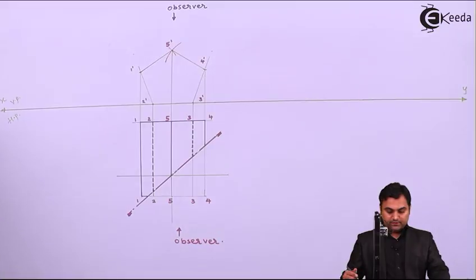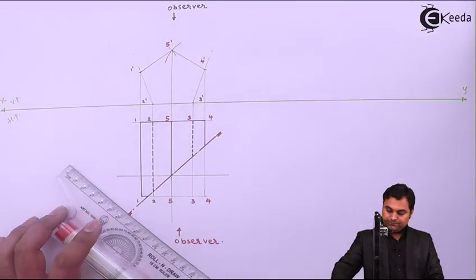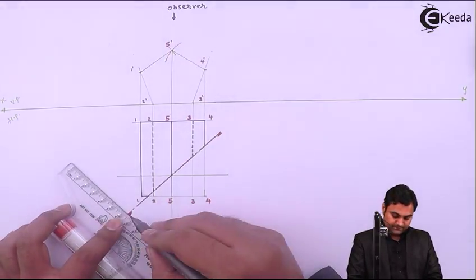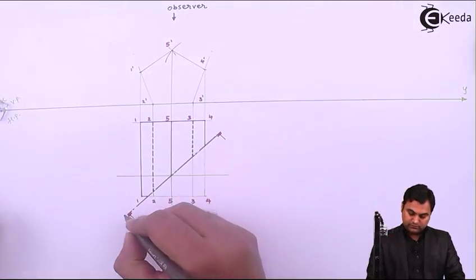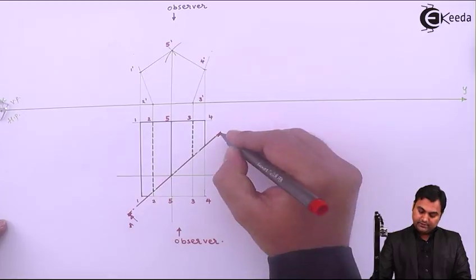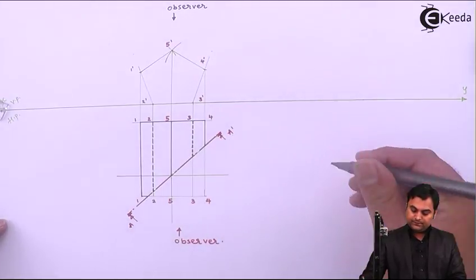Next, here I locate the direction of the cutting plane, calling this as cutting plane A dash.